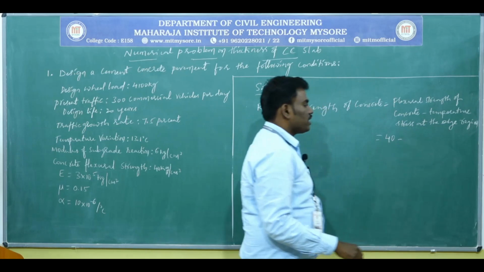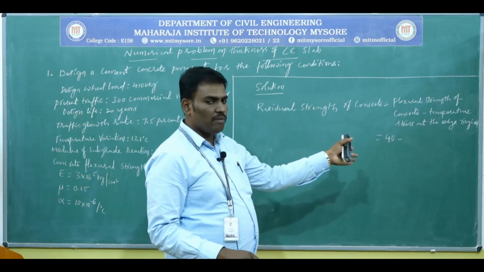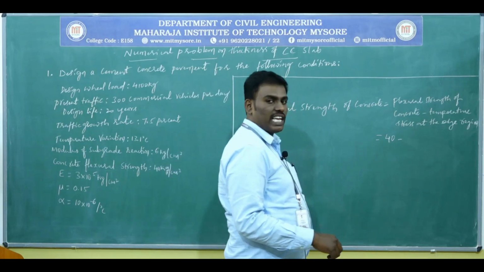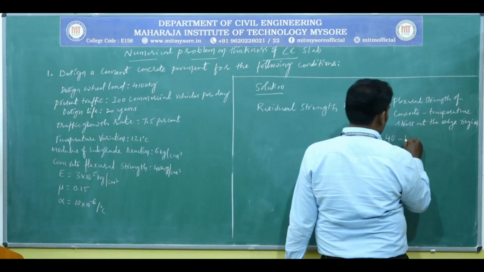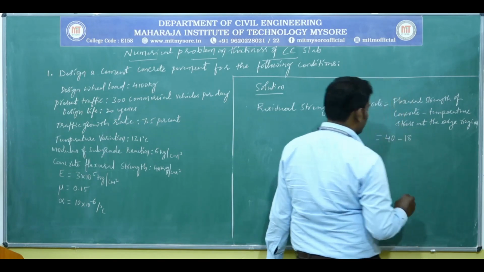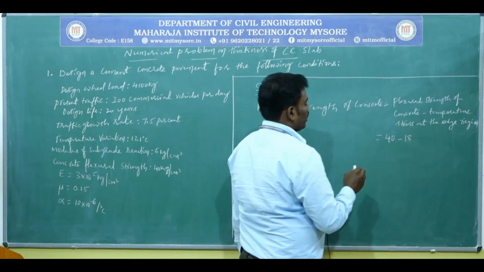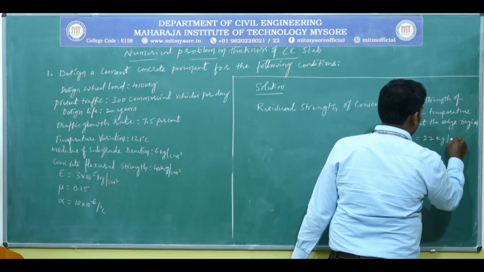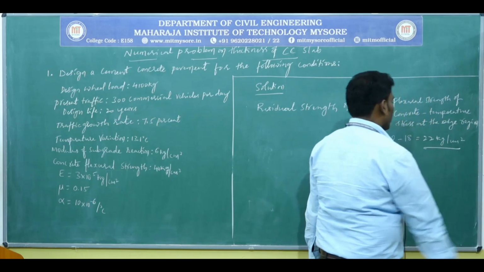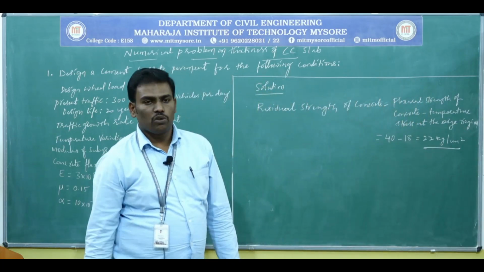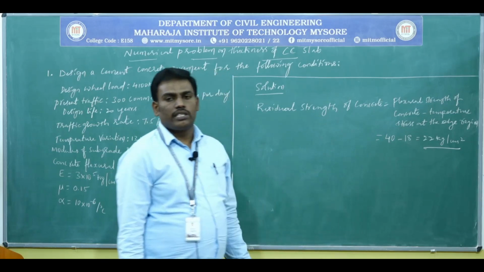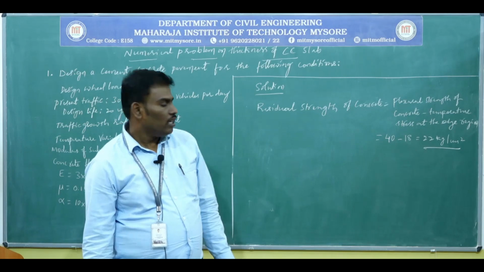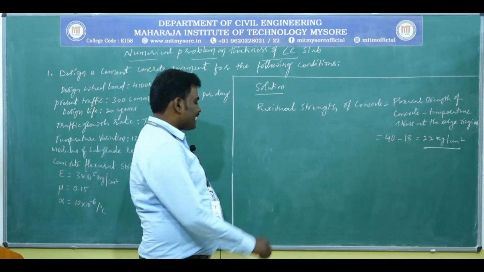And the temperature stress at the edge region, in the previous step we found about 18 kg per centimeter square, that is STE. Then 40 minus 18, you get about 22 kg per centimeter square. 22 kg per centimeter square is the residual strength of concrete. Is it clear? This is the third step.